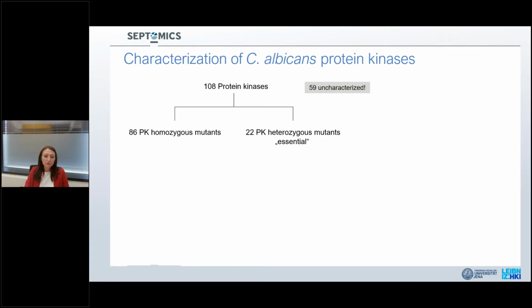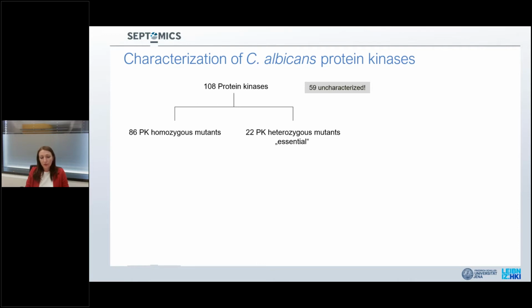We tested those for the ability to resist various stresses, such as oxidative or cell wall stress, to grow, to undergo hyphal morphogenesis, and for susceptibility to antifungal drugs.